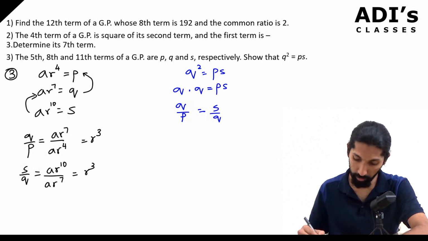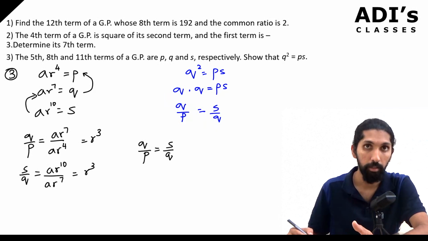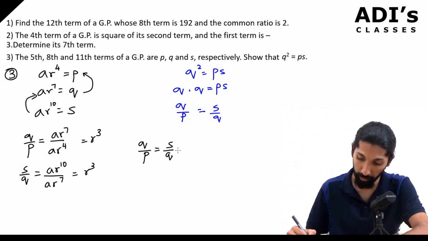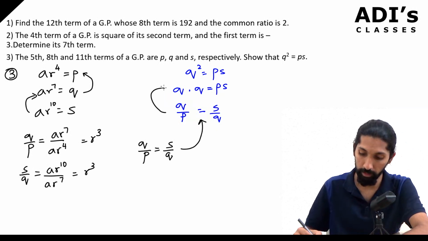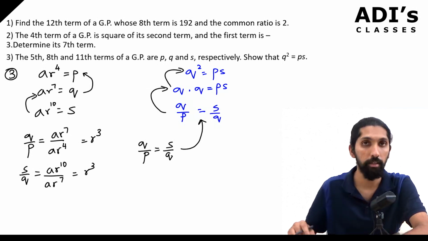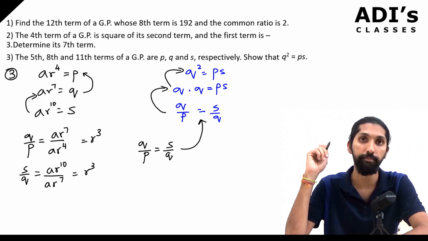So can we say that Q by P is equal to S by Q, which is R cube, right? So from here we can get this condition. We basically backtrack and get the answer.